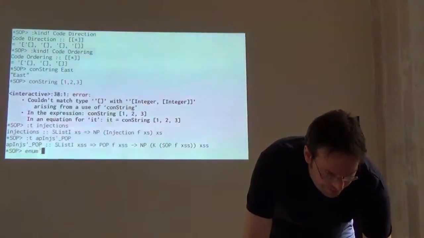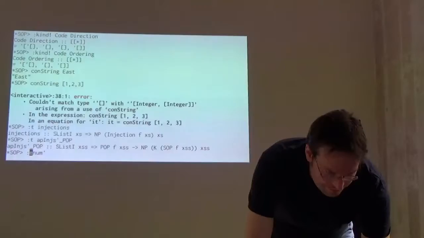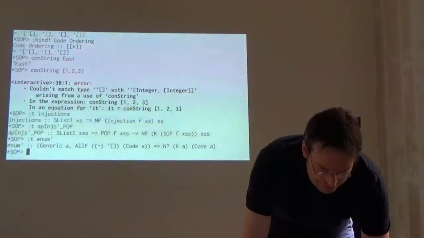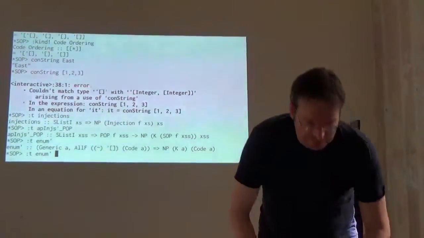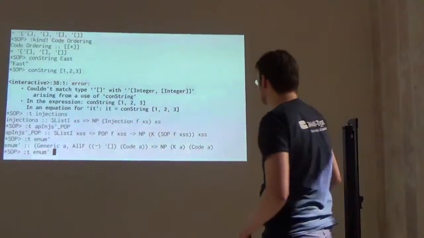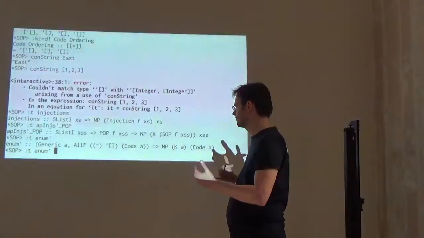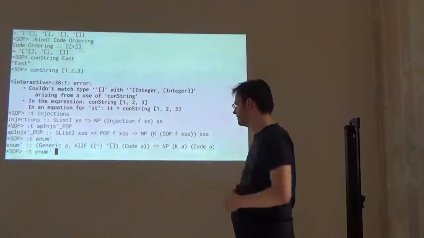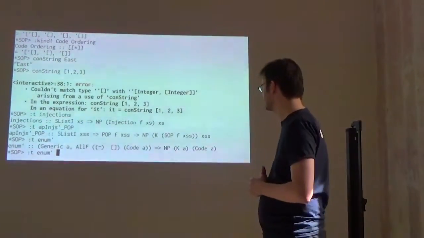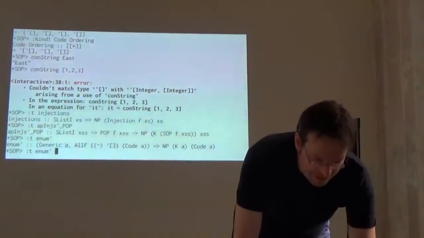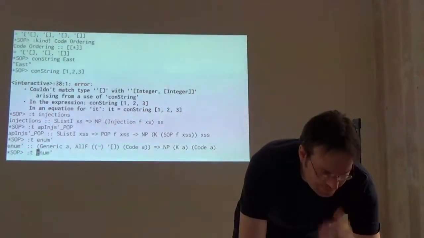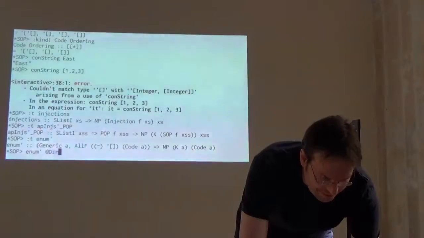So if I call enum on, what was the type of enum? Yeah, I either have to give a type annotation for the result type, or I have to use a type application to say which type I actually want to enumerate. So the type annotation is more complicated, so I'll just say I want to enumerate the direction type again.